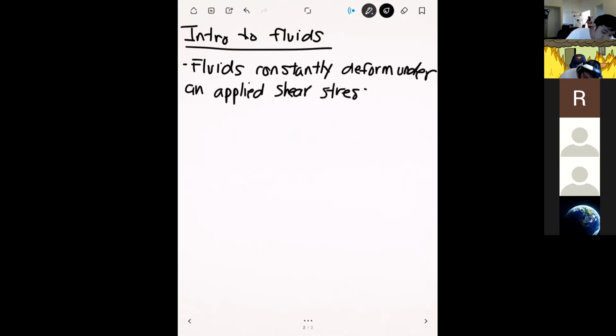Another way that we can say this, and relate it to the molecular structure of fluids, is that it never really holds a constant shape, right?